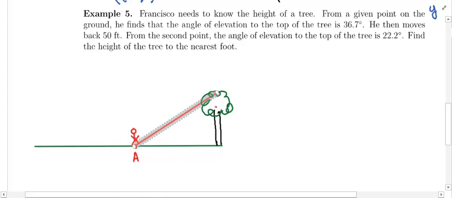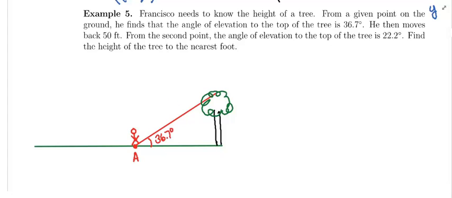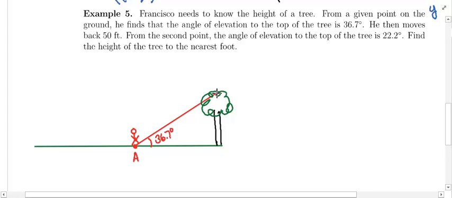This angle of elevation is going to be 36.7 degrees. Notice from doing this that I have created a right triangle. If I draw from the top of the tree to the base of the trunk here, this is forming a right angle. And we know this angle is 36.7 degrees.